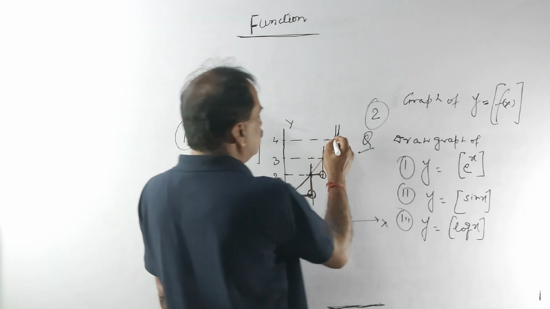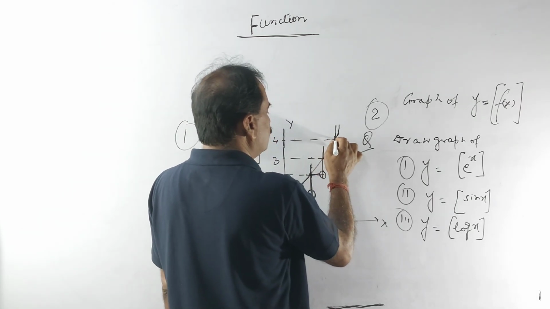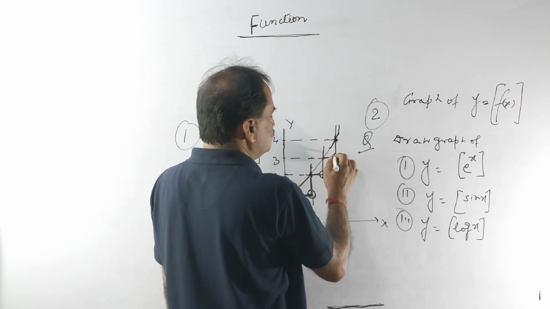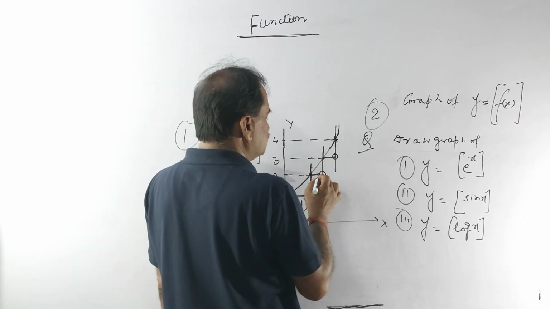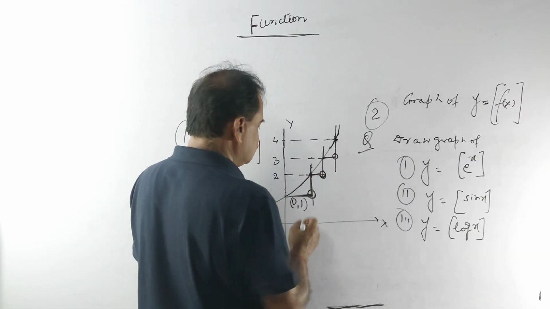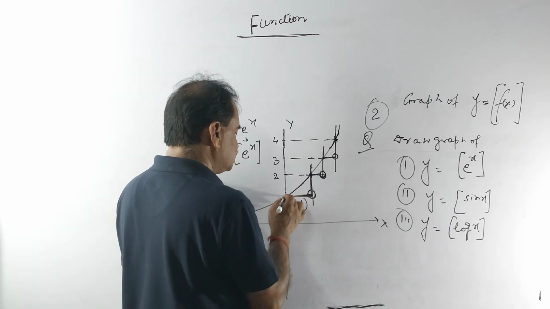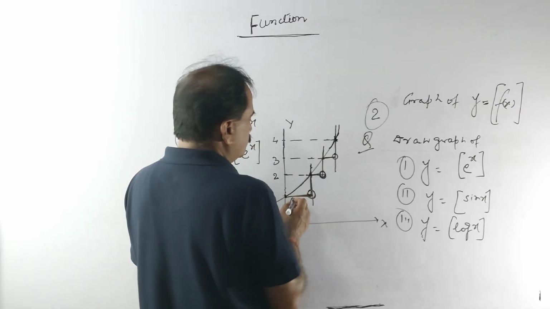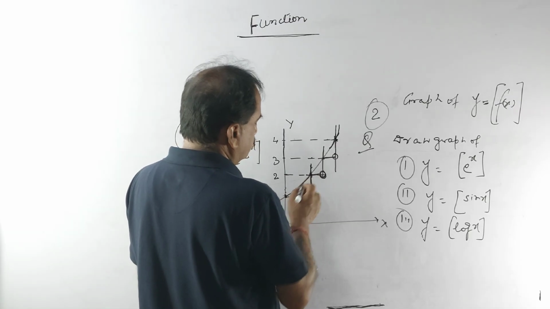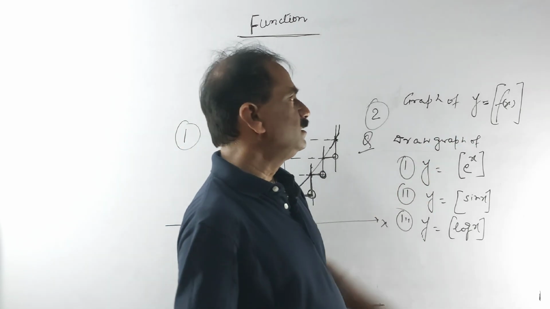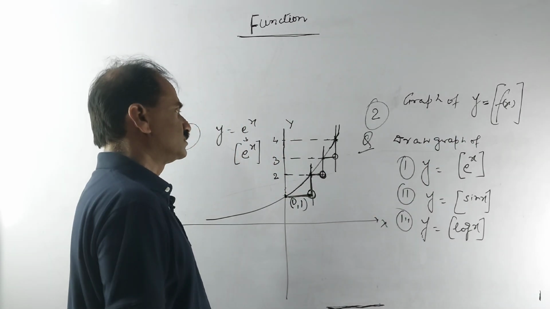So the y coordinate corresponding to this point must be equal to 4. So this point exists, but this point does not exist. The intersecting point exists, but the horizontal line which intersects the vertical line does not exist. This is also a graph of this category, y equal to greatest integer f(x).